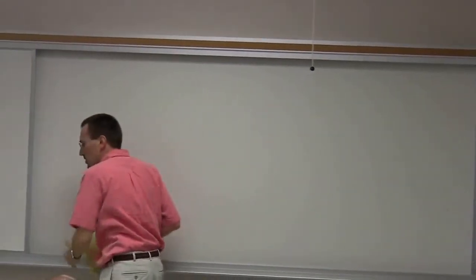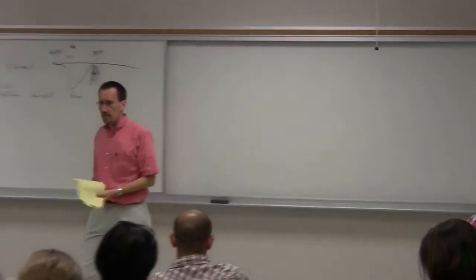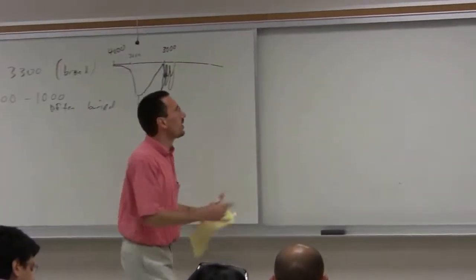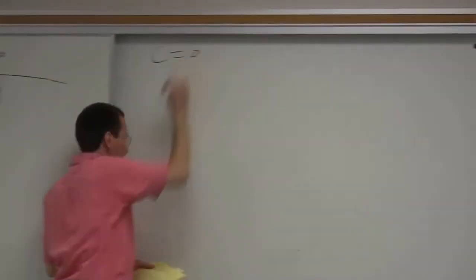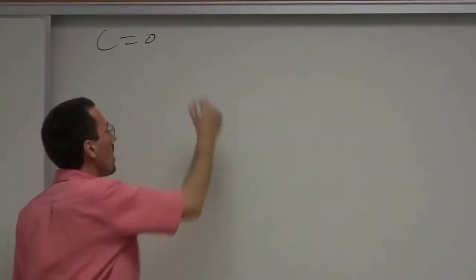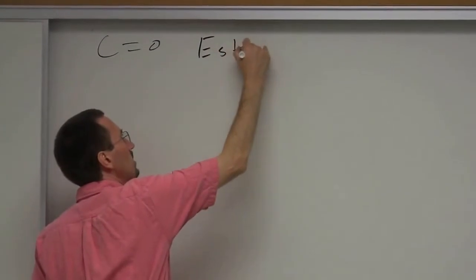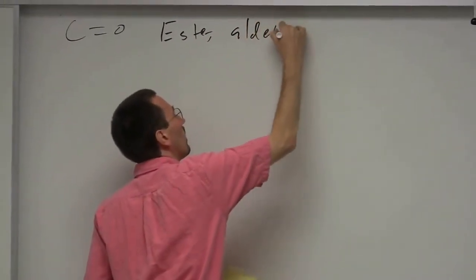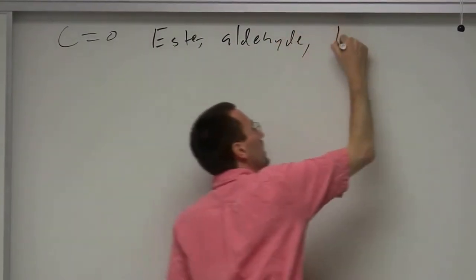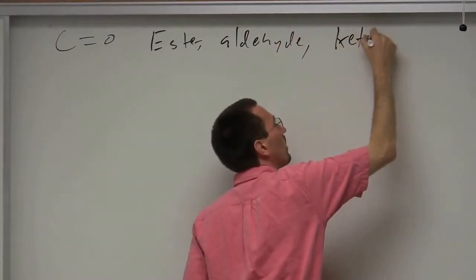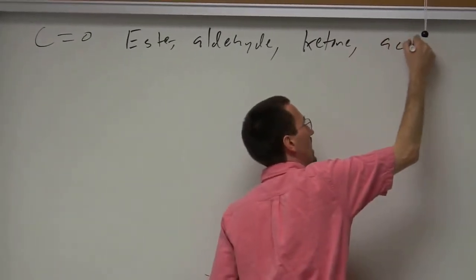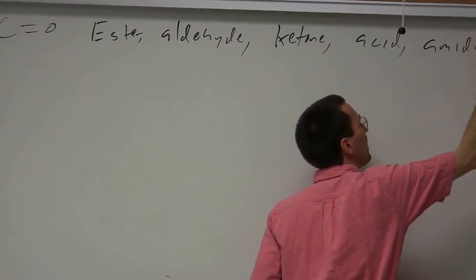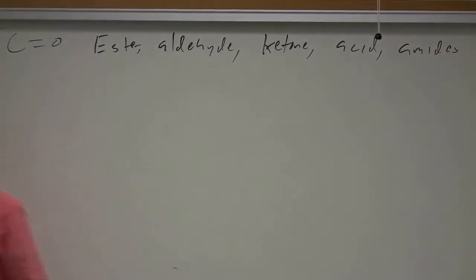The carbonyl region from about 1650 to about 1850 really should talk to you. The carbonyls are going to be strong. I'll take ester, aldehyde, ketone, carboxylic acid, and amides as 5 groups that are really important.